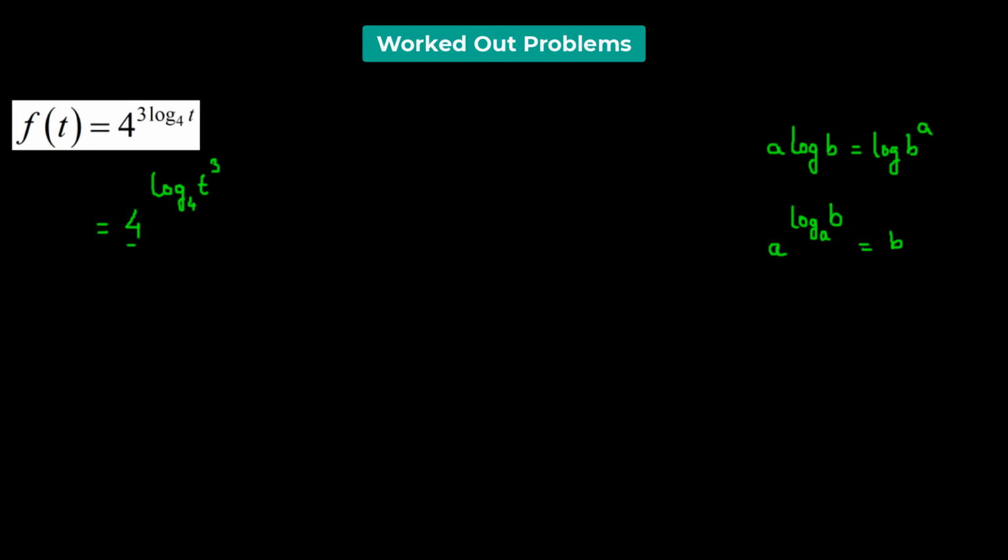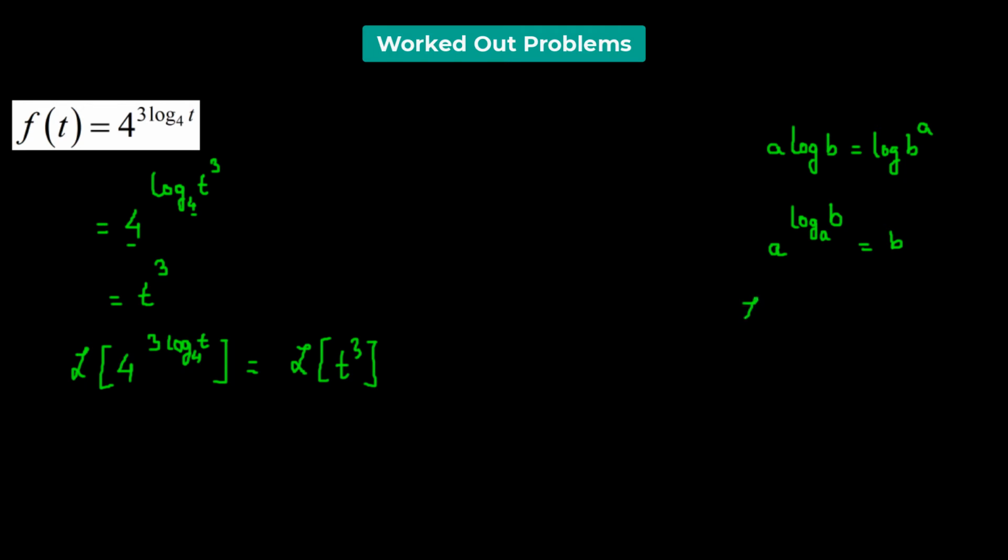Since the 4 and the base of the logarithmic function are equal, this will be equal to t cubed. So the Laplace transform of 4 raised to the power of 3 log t to the base 4 is the same as finding the Laplace transform of t cubed.